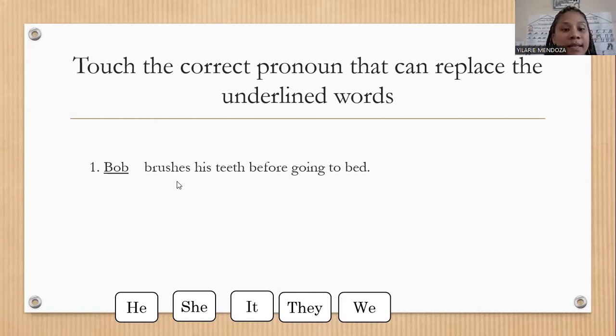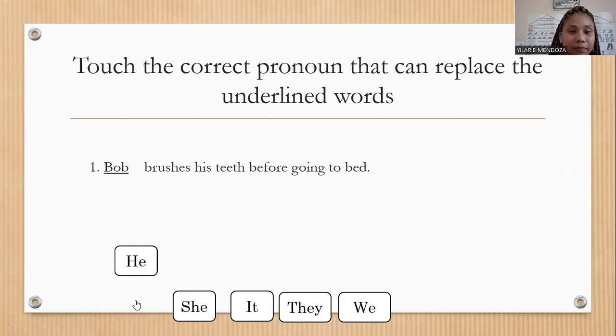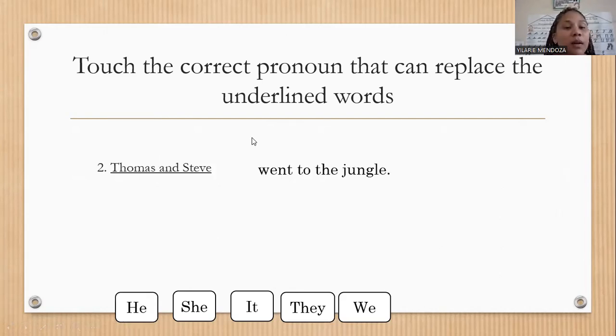Bud is a boy, so you use he. Number two: Thomas and Stephen went to the jungle. In this case, you have two persons. You use they.